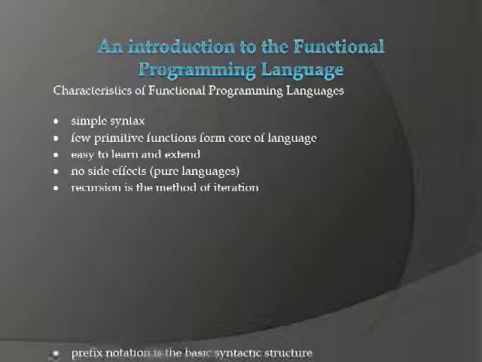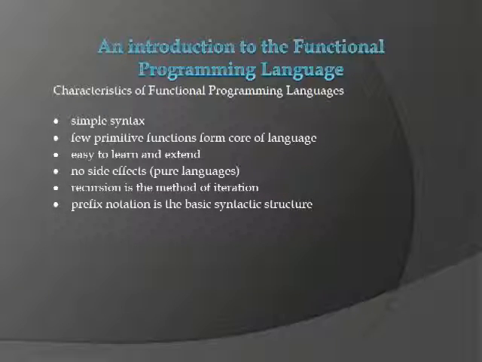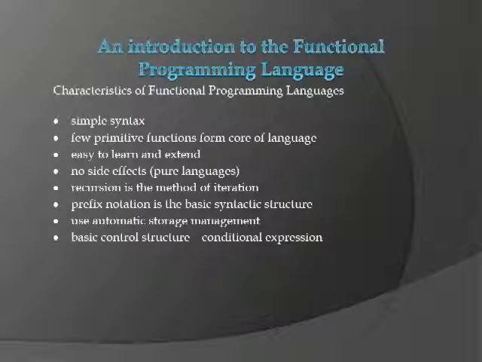Iteration is done using recursion. And also prefix notation is the basic syntactic structure. It uses automatic storage management, has a basic control structure, and a high level of abstraction.